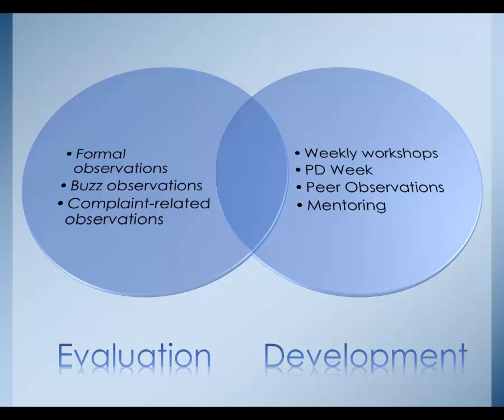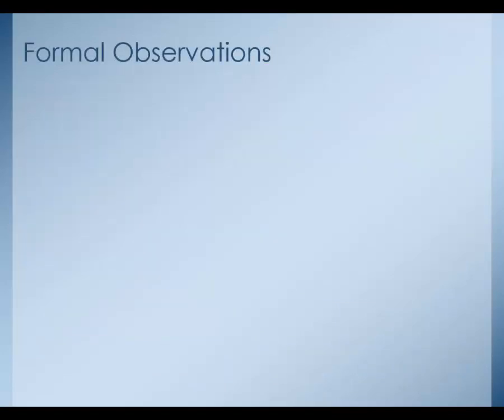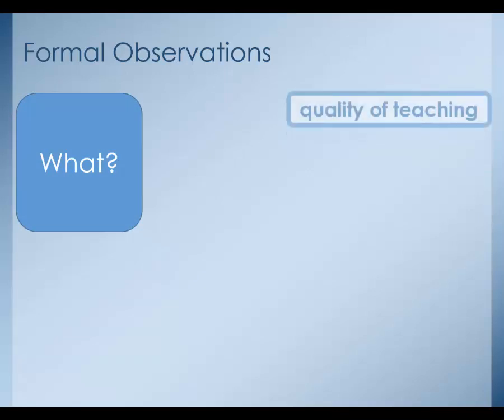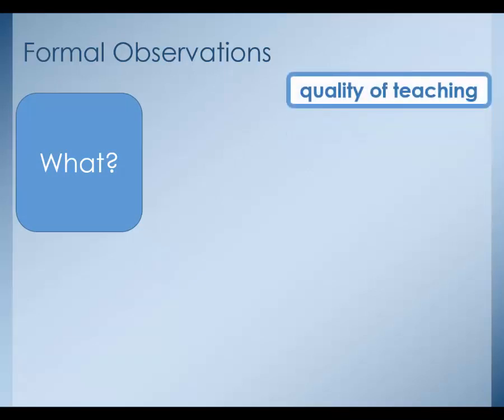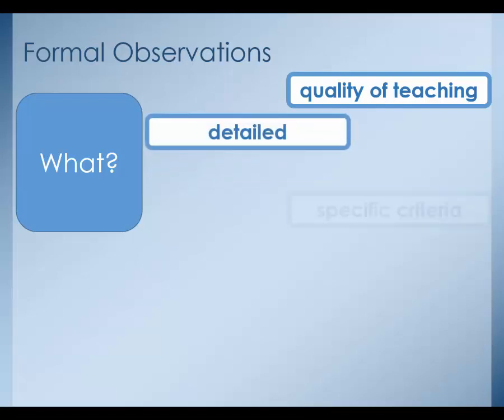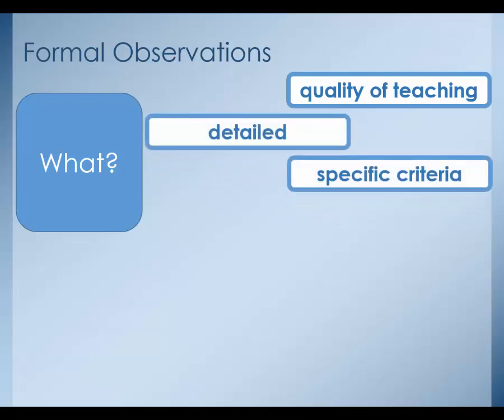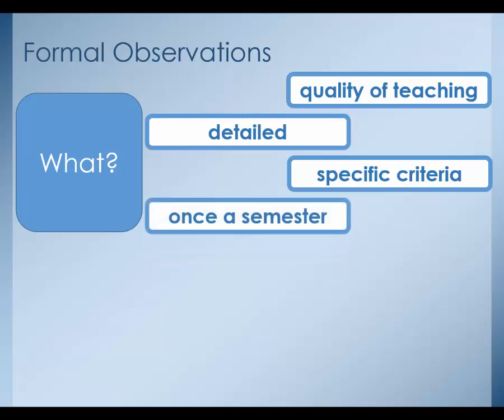Let's take a closer look at the evaluation-based activities, starting with formal observations. This kind of observation is essentially designed to assess the quality of teaching in the classroom. They are relatively detailed in nature, use a specific set of assessment criteria, and take place once a semester.